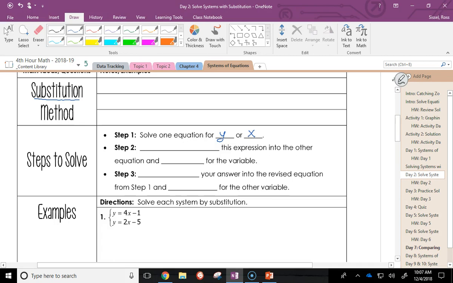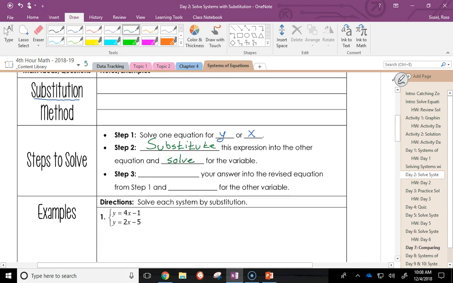Okay? Step 2. I'm going to switch colors so it seems easy. Substitute. I think this matches up with the method. Substitution. Substitute this expression into the other equation and solve for the variable.